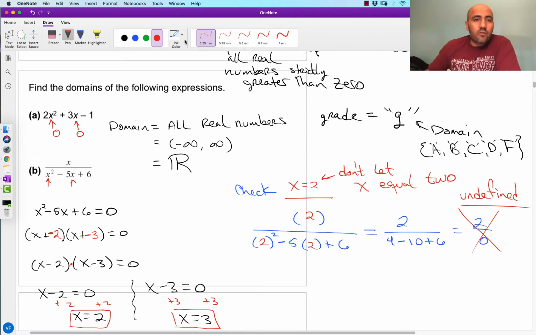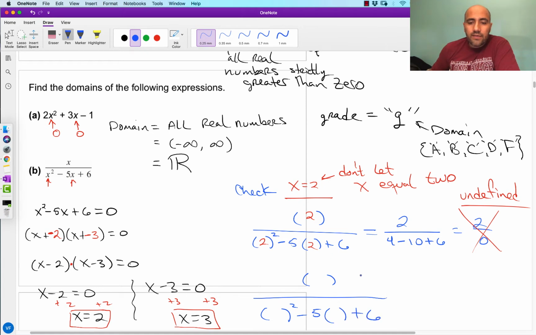The other one, let's confirm that the other one is also a problem. If I come back over here and replace each one of those values of x with a 3, I get blank squared minus 5 times blank plus 6. And so now if we let x equal 3, we put a 3 there, a 3 there, a 3 there, and then we'll end up with 3 divided by 9 minus 15 plus 6.